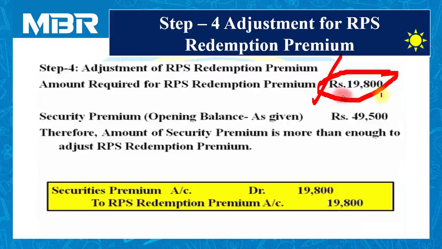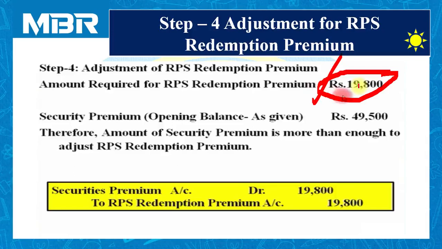In step number 2, we have completed the calculation of RPS redemption premium on both types of preference shares at the rate of 4%. And the amount of RPS redemption premium is rupees 19,800.